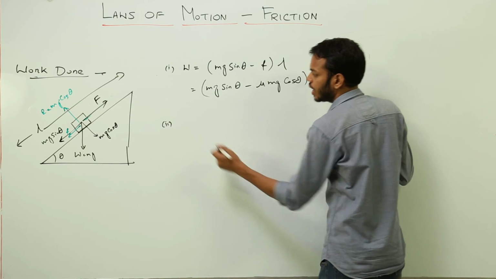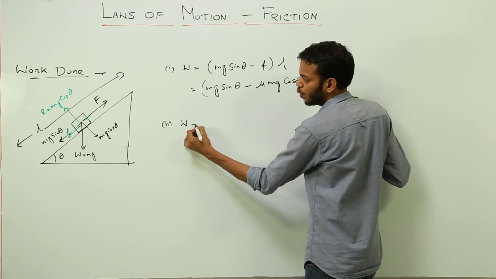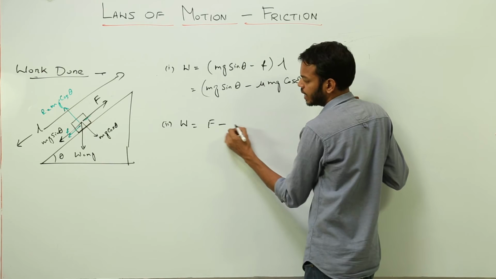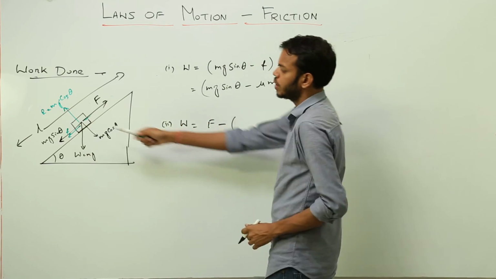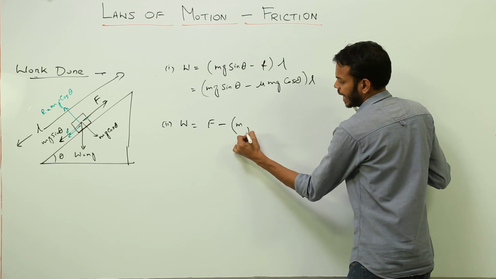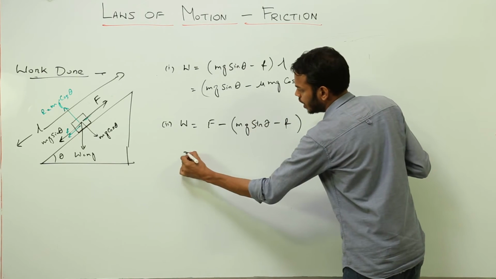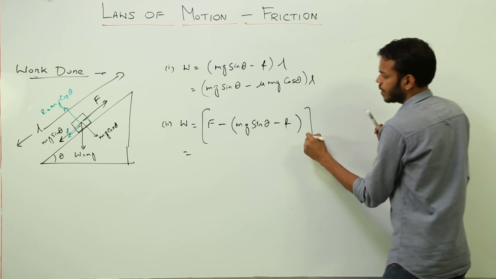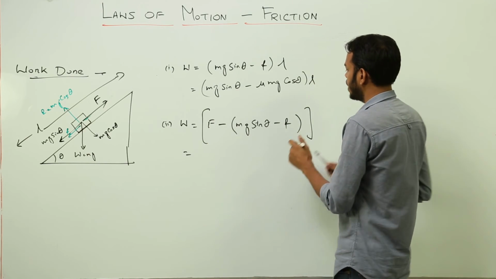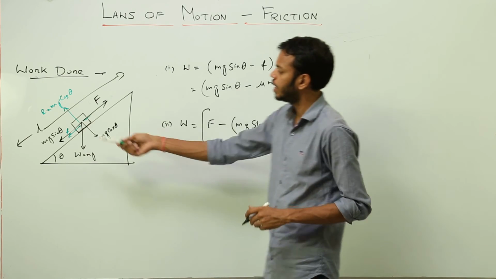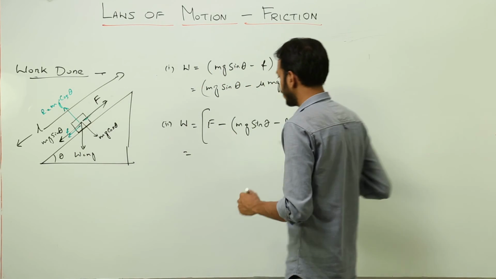So in the second case, the net force is the external force minus the sum of the two opposing forces, which are mg sin theta and frictional force. This is the net force, multiplied by the length of the path the body covers in the direction of the net force.